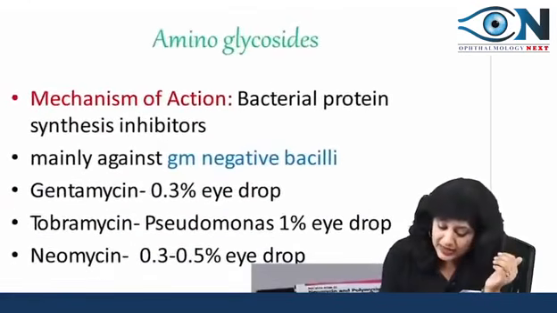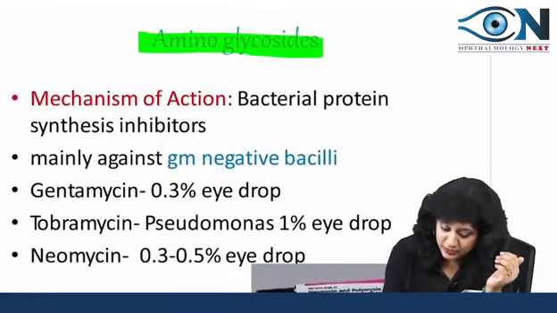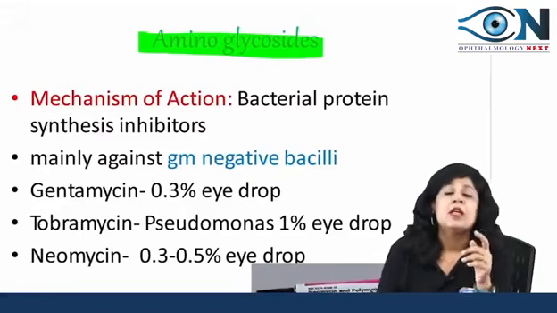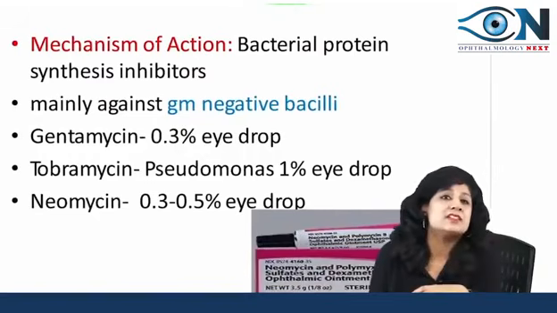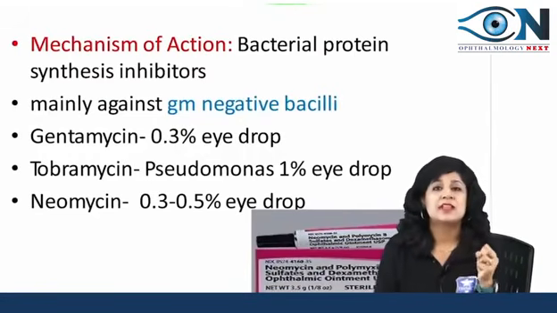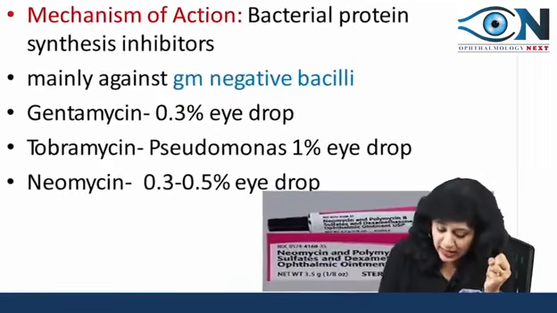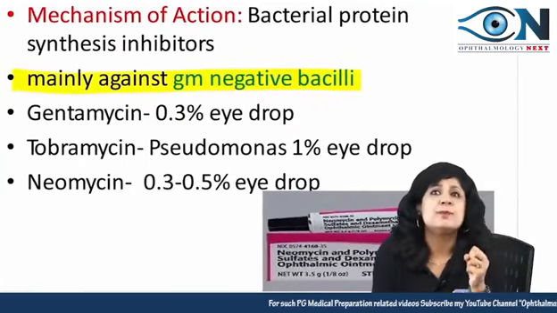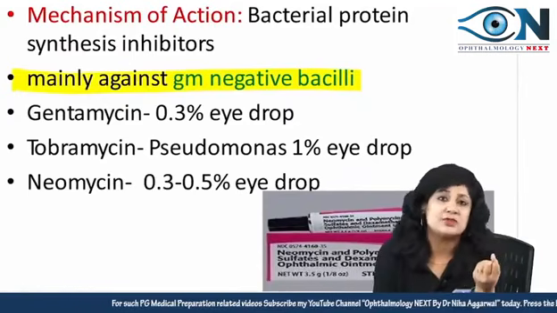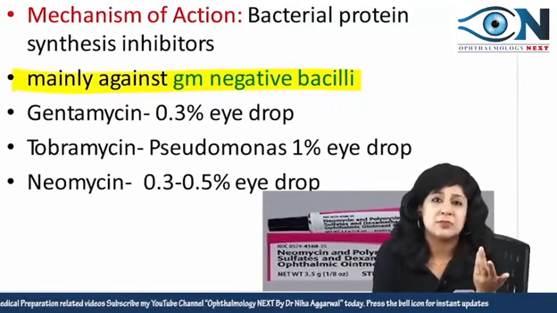Okay. Now we have the aminoglycosides. So what are they doing? Aminoglycosides are actually the bacterial protein synthesis inhibitors. They are inhibiting the protein synthesis, so the bacteria are not able to grow, and that is why they are mainly acting against the gram negative bacilli. So most of the time, in cases of ulcers, we are starting the empirical treatment.